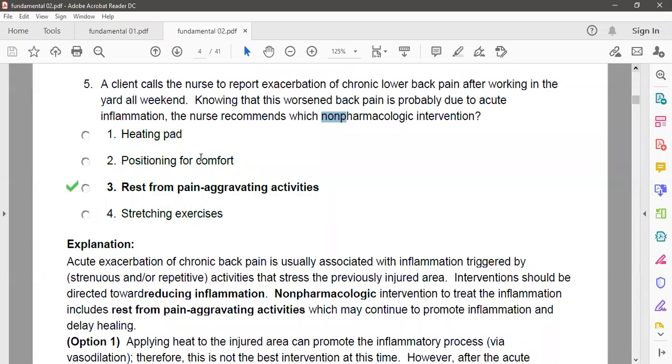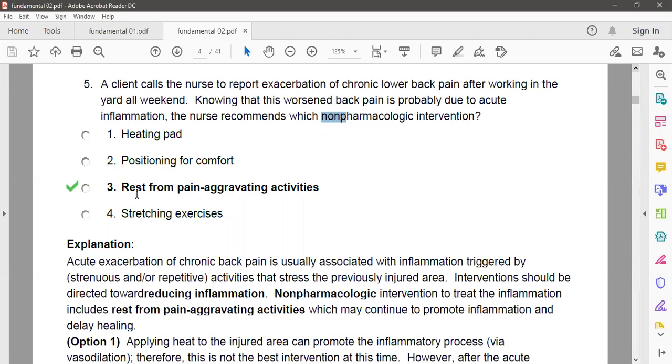Positioning for comfort is important, but let me explain the other one first. Exercise increases the problem, so it is not the time to advise your patient to exercise because the acute exacerbation stays, right? So it is good for the next time, not now. A heating pad is good for later, not now.